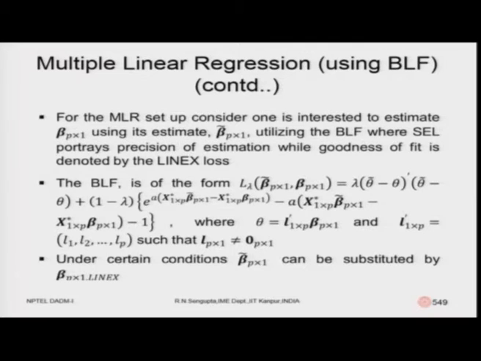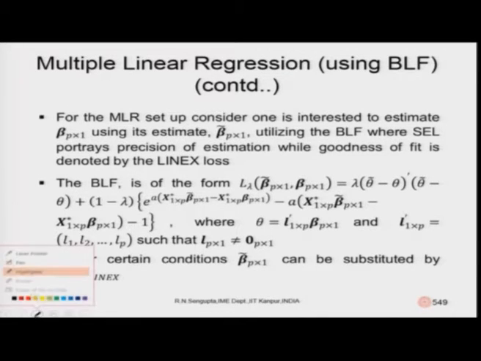Here I will use goodness of fit again denoted by Linex loss. So, the problem is for the multiple linear regression: one is interested to estimate beta using beta tilde, again beta tilde used very generally, and we have the goodness of fit and the squared error loss portraying one error and goodness of fit portrayed by the other error.